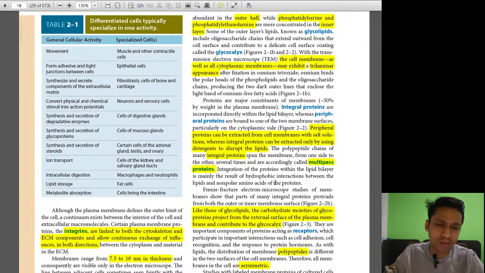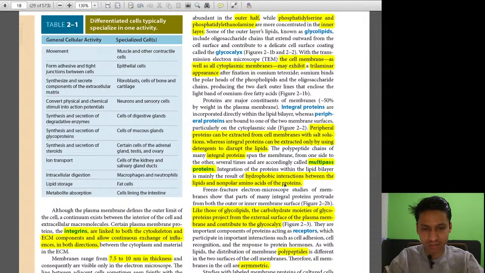Let's also have this important mark. We have to remember that hydrophobic interactions are the reason these proteins are held in place. This is an interaction between the lipids and the non-polar amino acids.